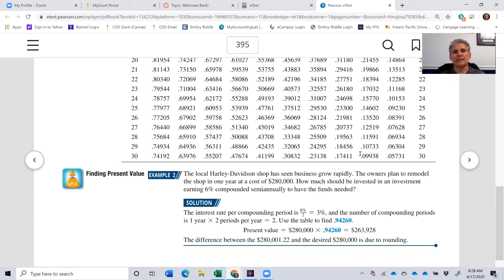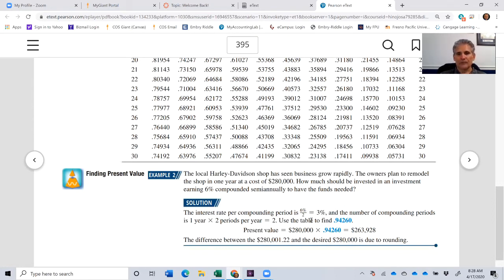The other one's pretty easy too. We're going to take the percentage and divide it by 2 as well. So 6% divided by 2 is 3%. Now we have the rate we need, and the number of periods is 1 year times 2 periods per year, which is 2.